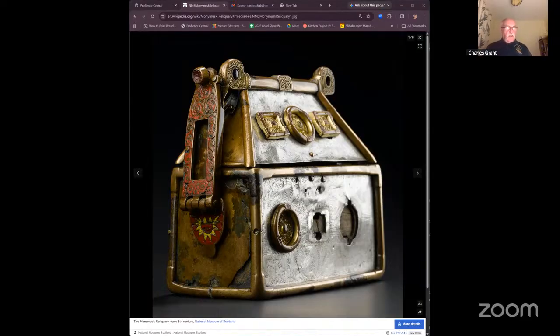The Grants built up the estate, and they built the Monymusk house, which you see now. I see the reliquary there. And part of the Monymusk house was actually built by stones taken from the Augustine Priory, which had sat there for 300 years.